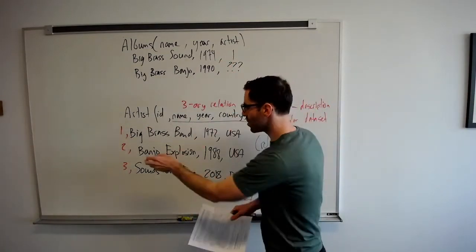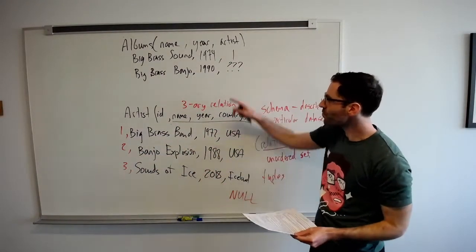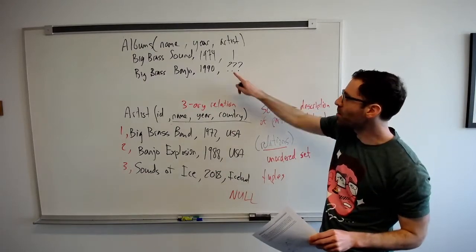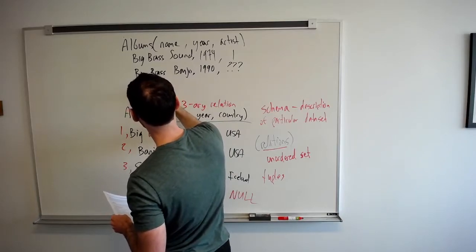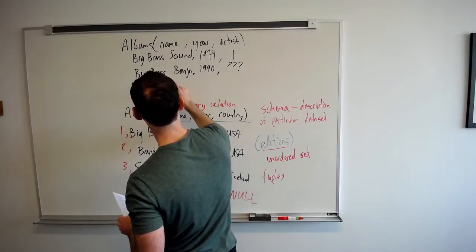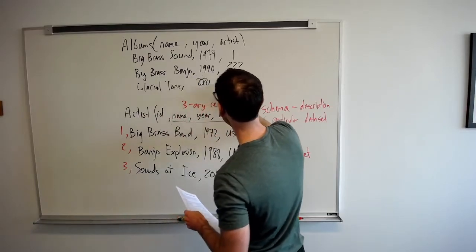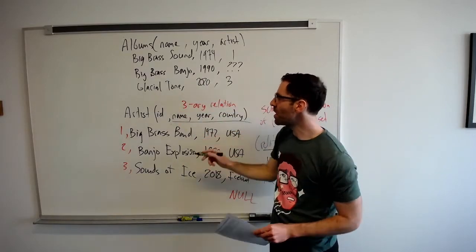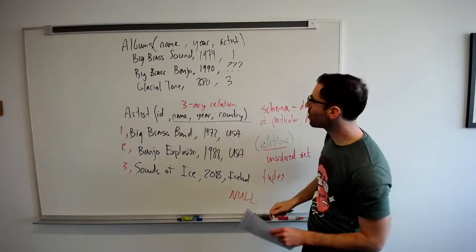It refers to a single tuple in our artist relation, and so this is going to be a big problem. If we have something like Glacial Tones in 2020 by Sounds of Ice, that's going to be fine. Again, one artist, but we have this issue with our album that has multiple artists on it.